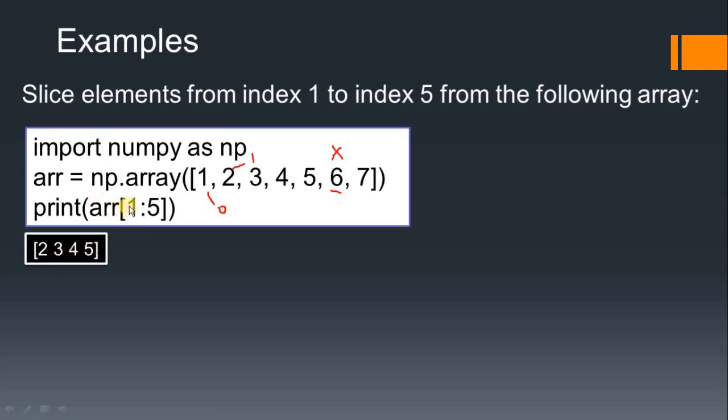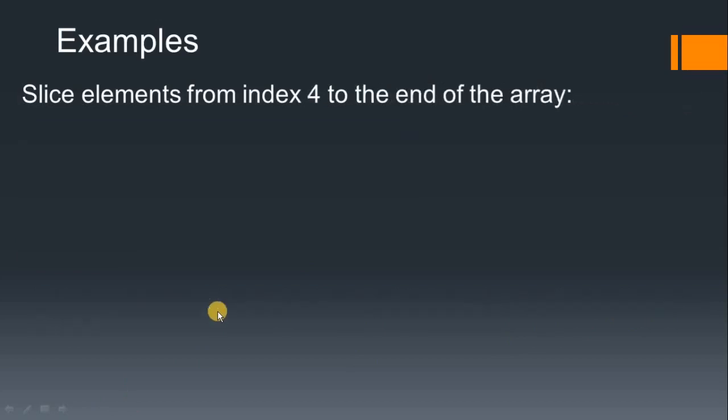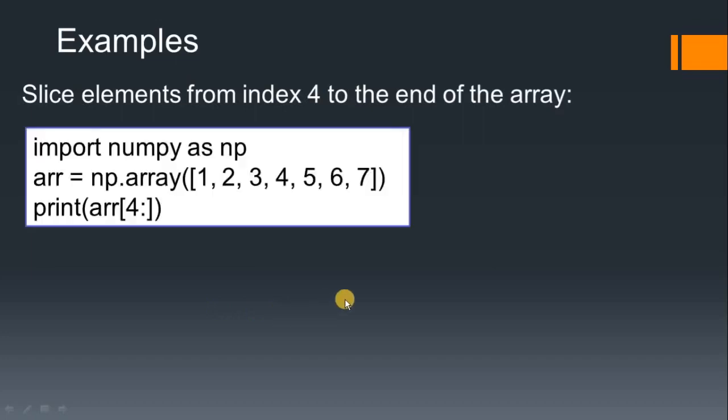So it starts with starting position 1 and goes up to n minus 1, where n is 5. Note, the result includes the start index but excludes the end index. That is very important.